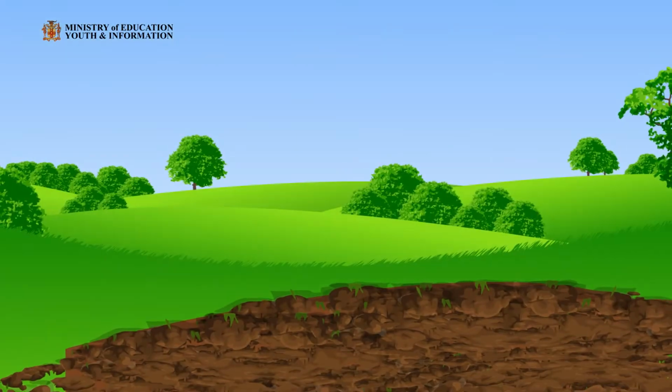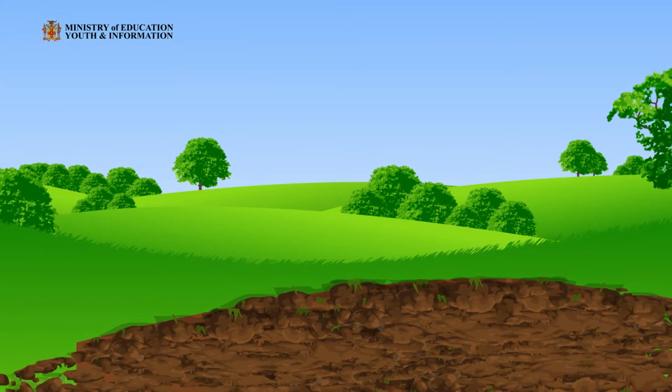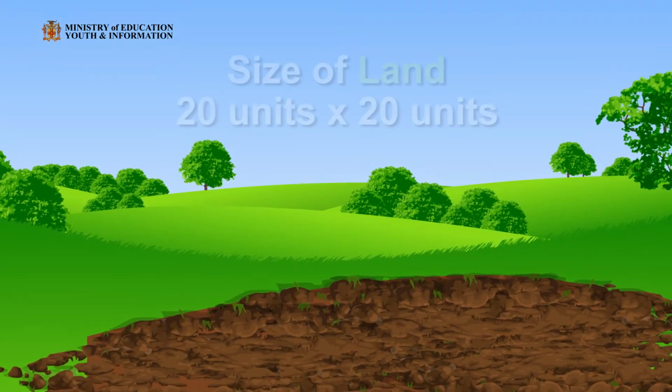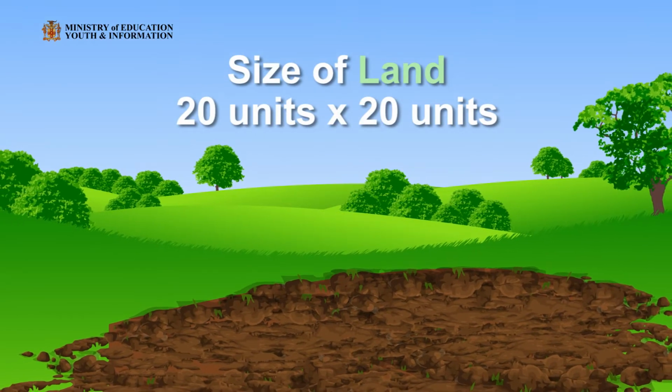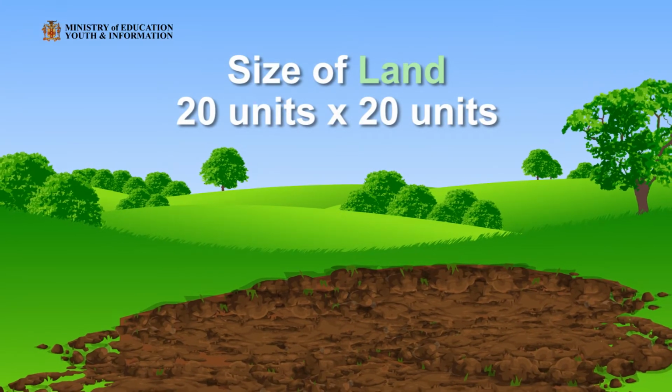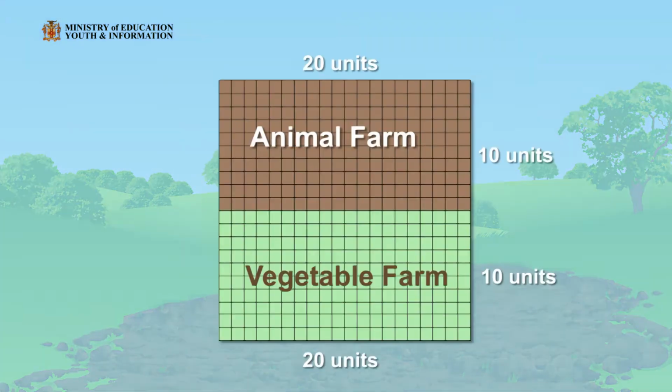Now, how will you organize your farm? Let's say my land is 20 units by 20 units. I will divide it in half, part for vegetables and part for animals. That would be 20 units by 10 units each. Oh!